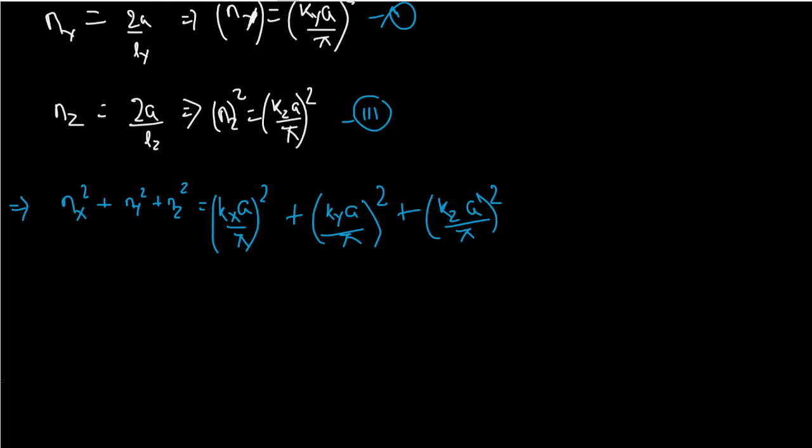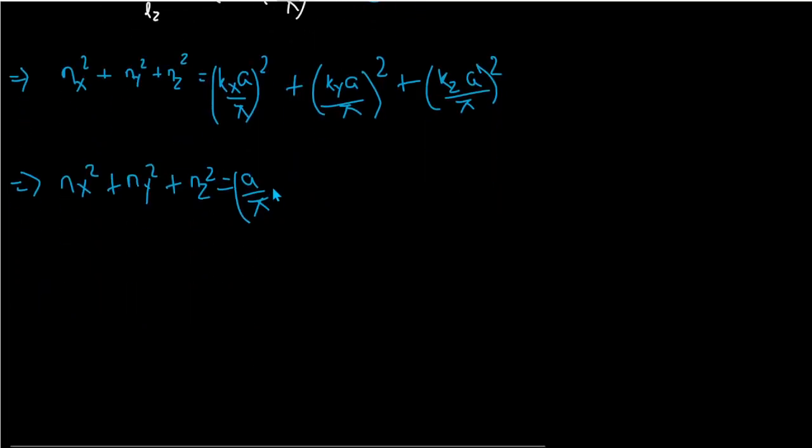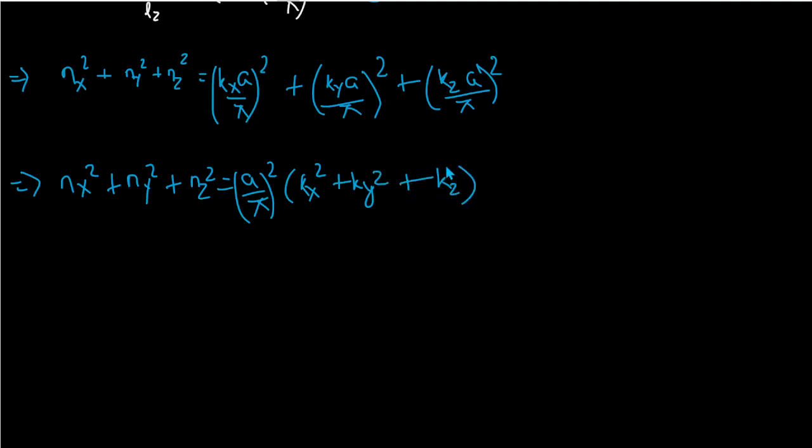Okay, so the next step we can do is nx square plus ny square plus nz square is equal to, if I take a by pi whole square common, kx square plus ky square plus kz square.